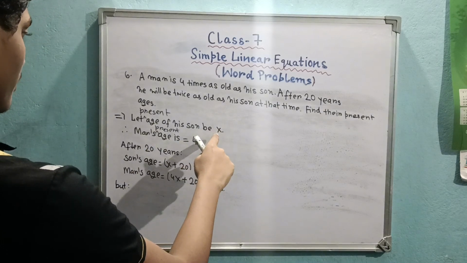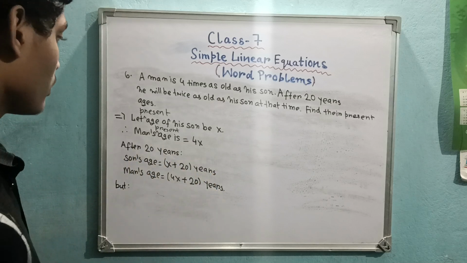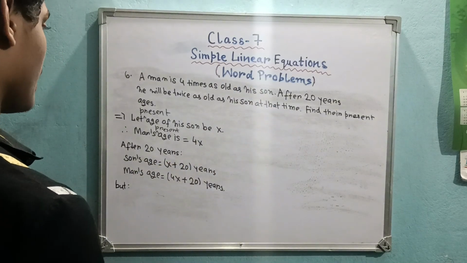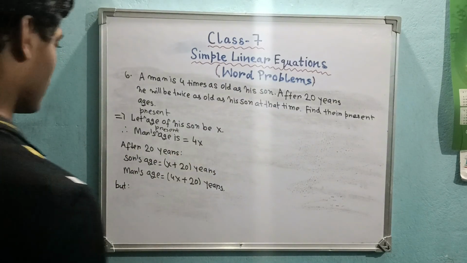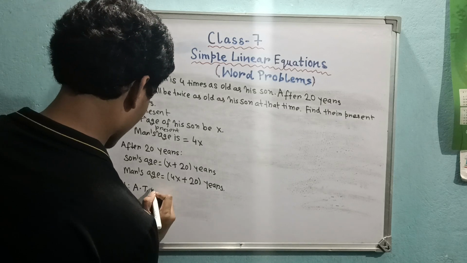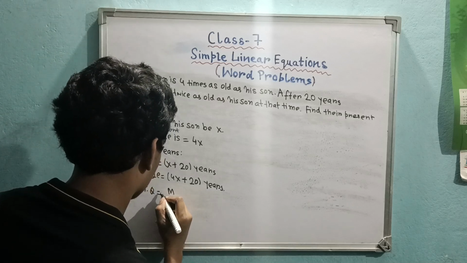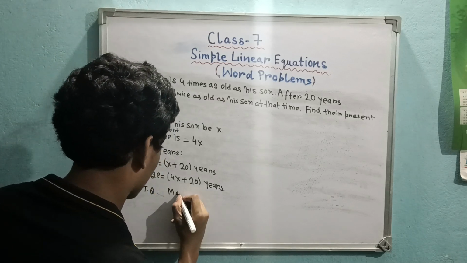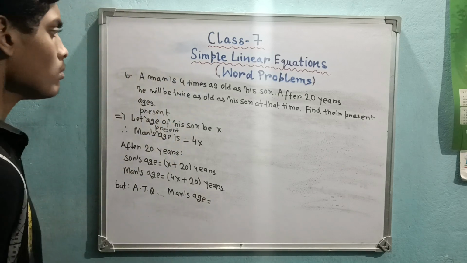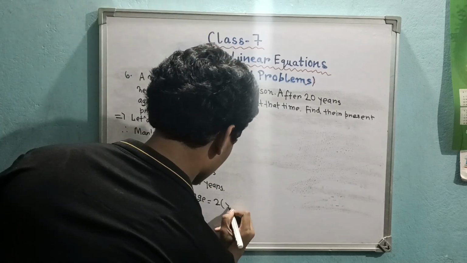So the man's age will be 2 into x plus 20 years at this time. According to question, man's age equals 2 into x plus 20 years.